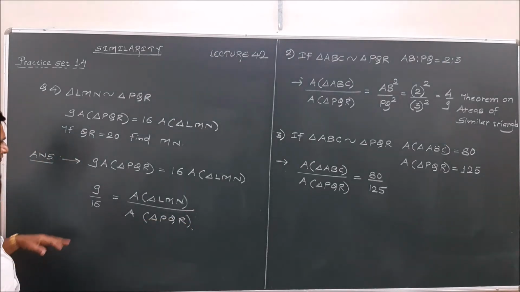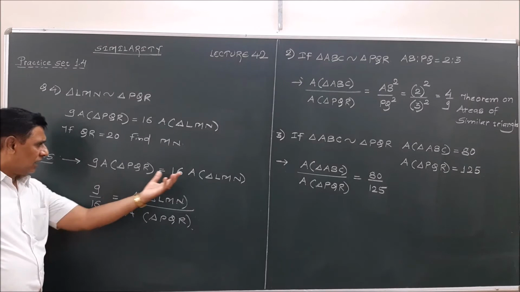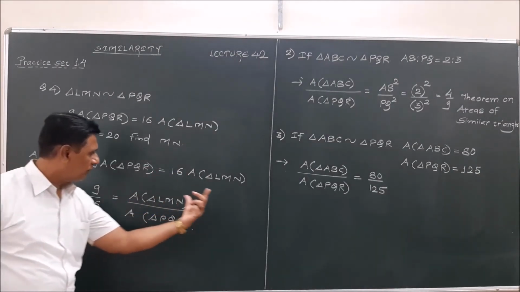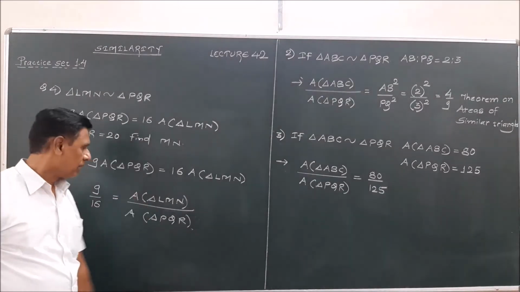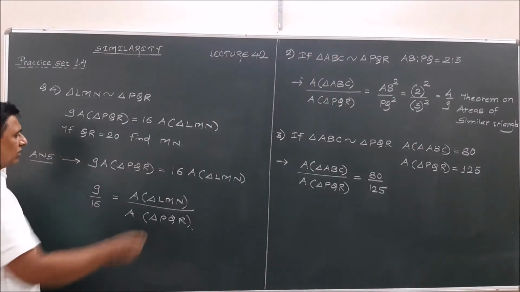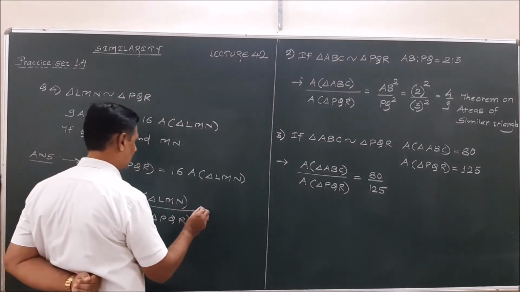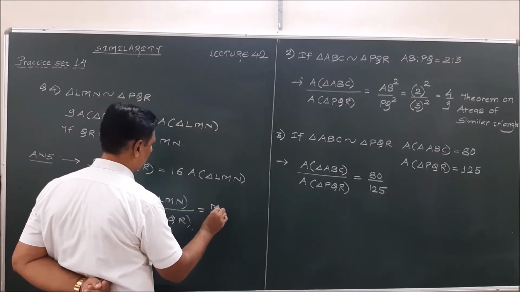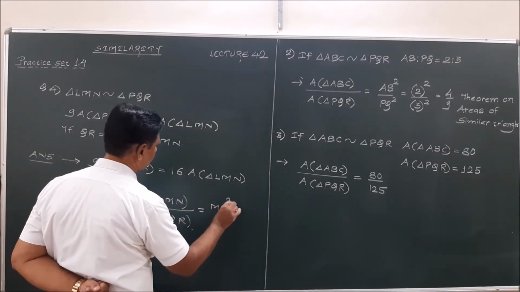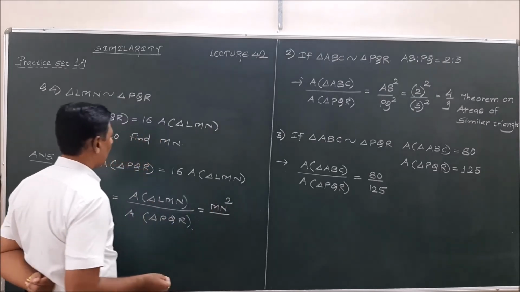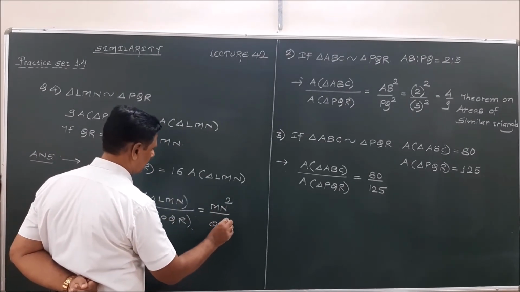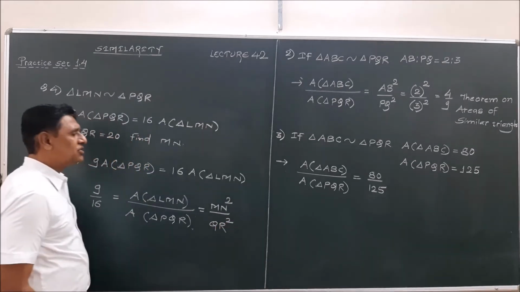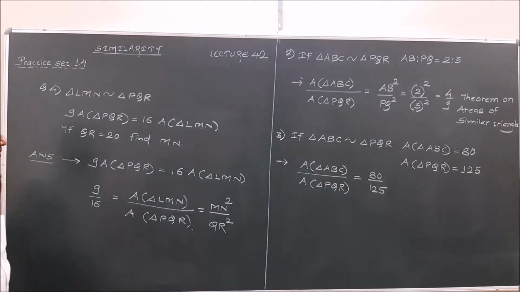Is that clear? LMN upon PQR is equal to 9 upon 16. Our interest is to find out MN. Okay, therefore MN square upon QR square.